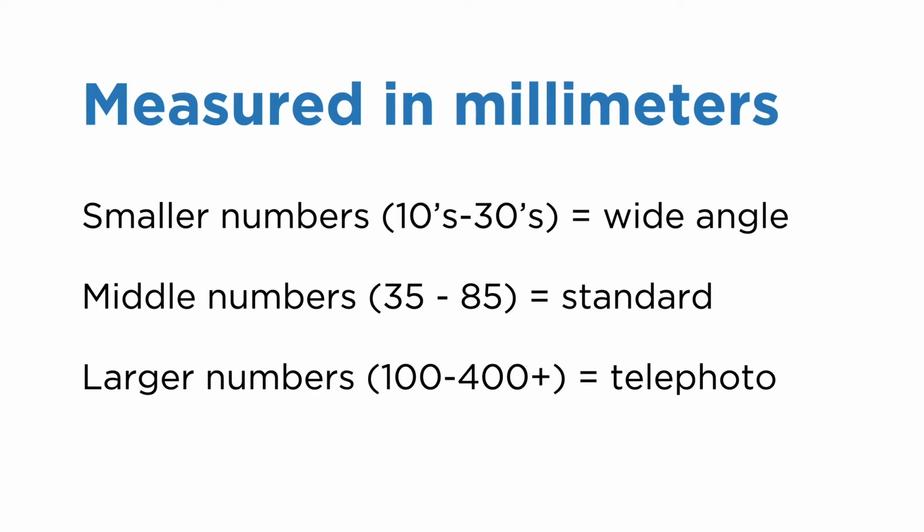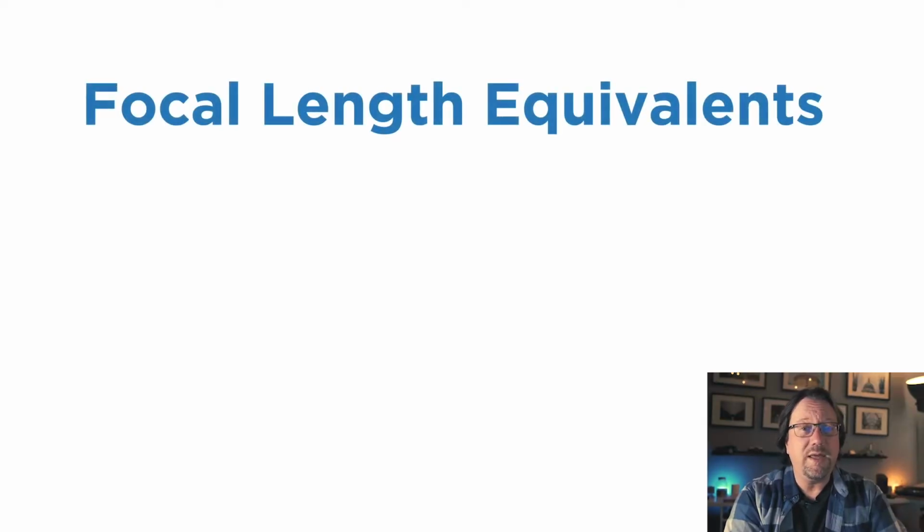All right. Let's talk a little bit more about some math. It's a little confusing, but I'm going to cover it anyway because it's important. And that is what's called focal length equivalence. I know. You didn't think you'd have this much fun today, but you are. So focal length equivalence, here's why it matters.